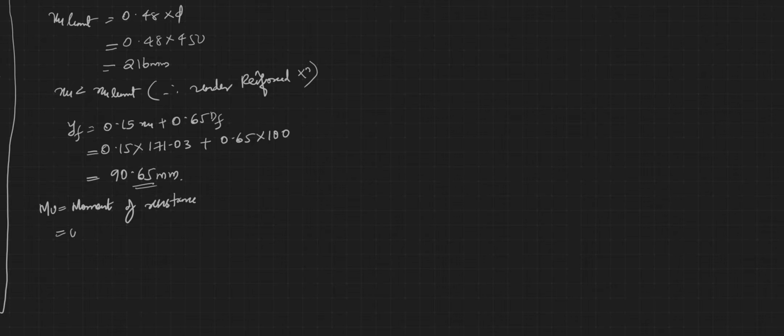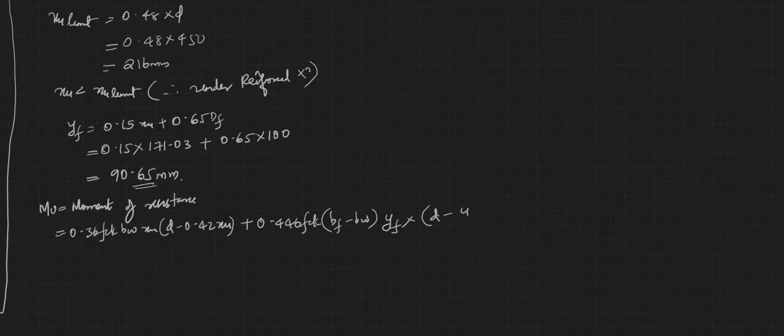Here C1 is 0.36 FCK BW XU into (D minus 0.42 XU) plus 0.446 FCK (BF minus BW) into YF, with lever arm D minus YF by 2. Before substituting, this YF should be less than DF. That check has to be done. 90.65 is less than DF, that is 100.